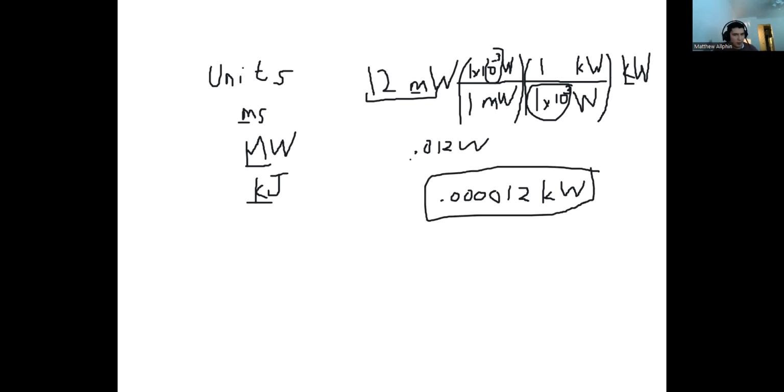So that's just a basic review of SI units and the SI prefixes. Hopefully those make sense, and just feel free to let us know if you have any questions about that.